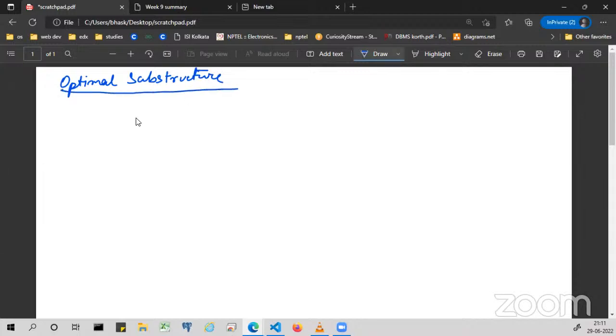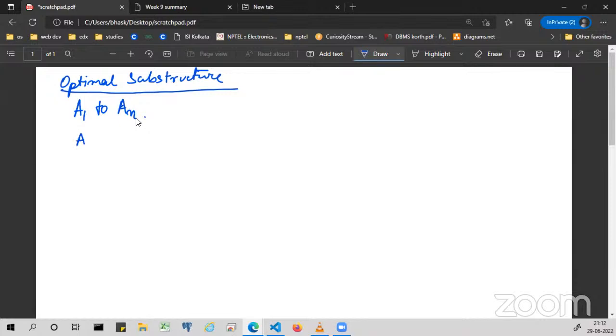Okay, fine. So for optimal substructure, let's break our problem. Let's say I have to multiply from a1 to an. How will I break it? I can break it at any place. Let's say I break it at a generalized value AK.